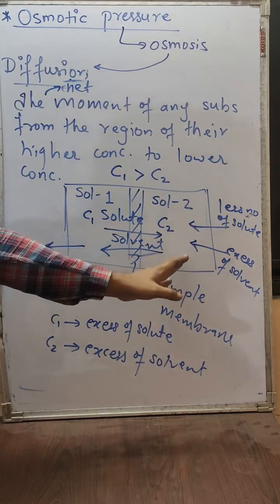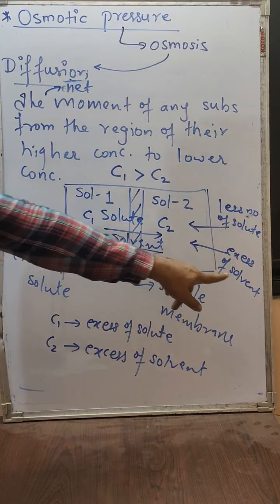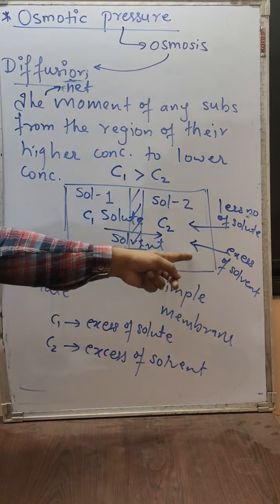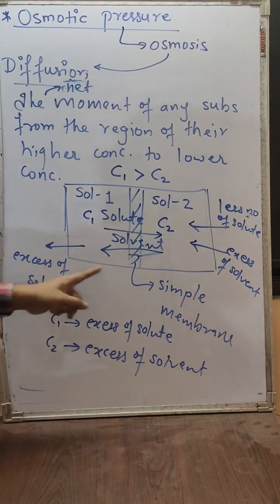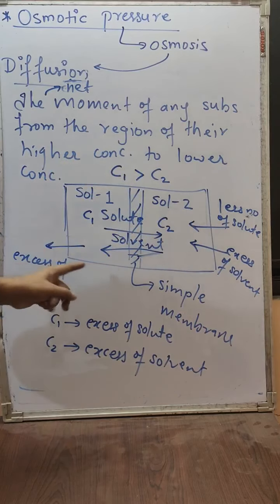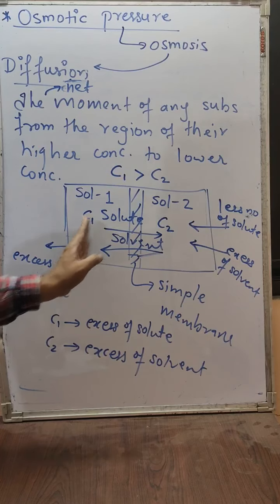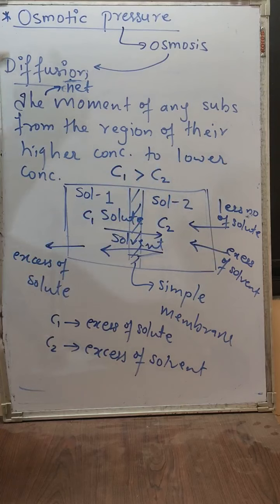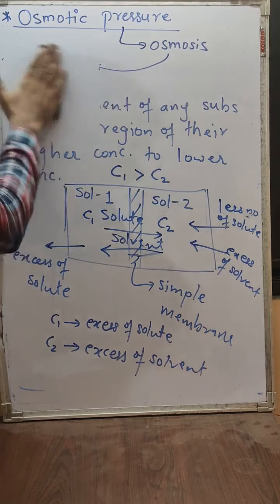But what happens here? In C2, the concentration of solvent is more, so flow will be from C2 to C1. In C1, the concentration of solid is more, so solid will move from C1 to C2. So this is the concept of diffusion. Now we will see what is meant by osmosis.